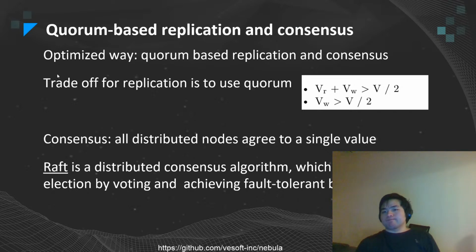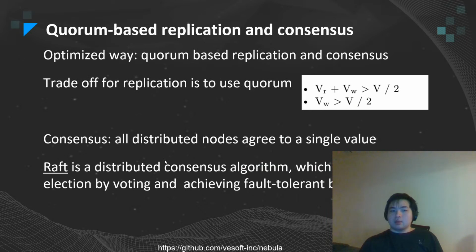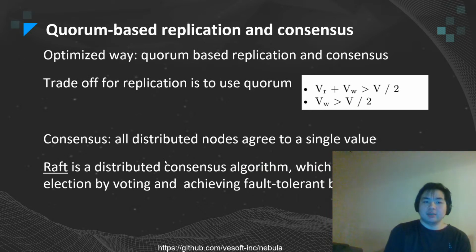And for the graph database, Raft is used in several different parts. The first part is leader election. For example, in the replication part, Raft is used to elect a leader once a leader fails.